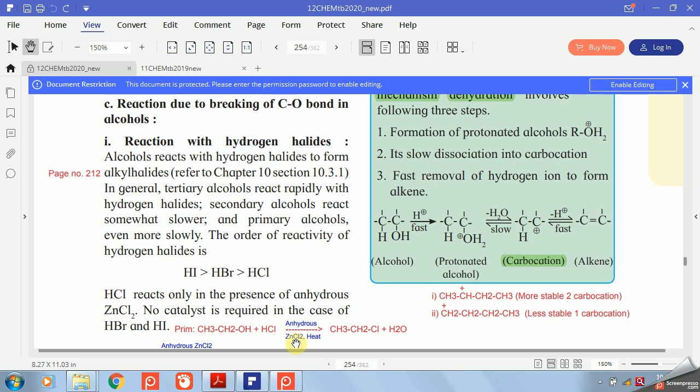There are different types of hydrogen halide: HCl, HBr and HI. In halogen derivative we already discussed the order of reactivity of hydrogen halide: HI is more reactive than HBr, and HBr is more reactive than HCl. The reason is that the HCl bond is very strong, and more energy is required to break that bond.